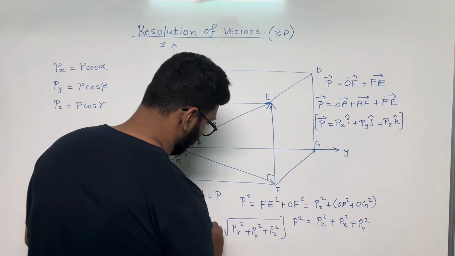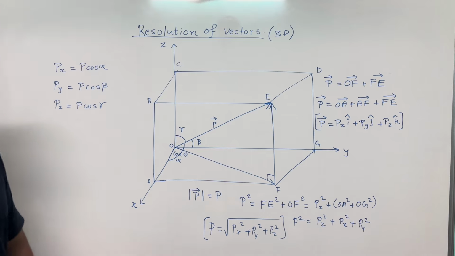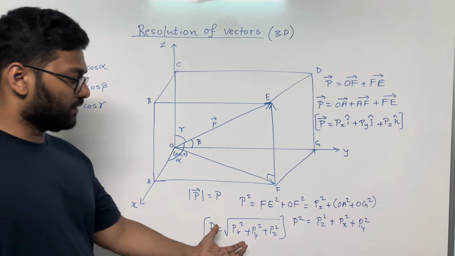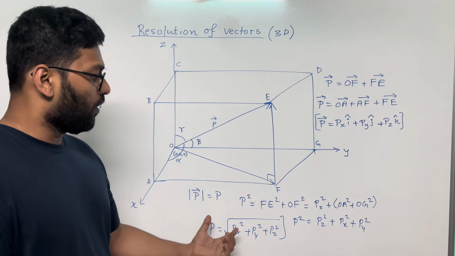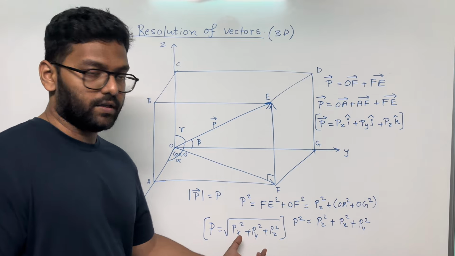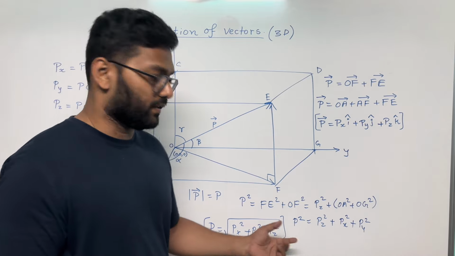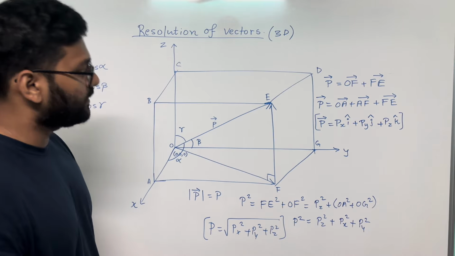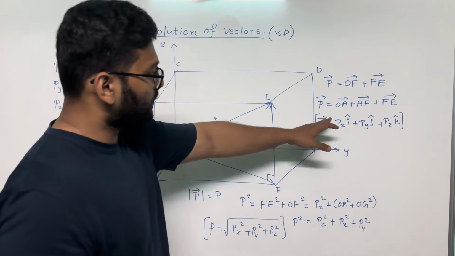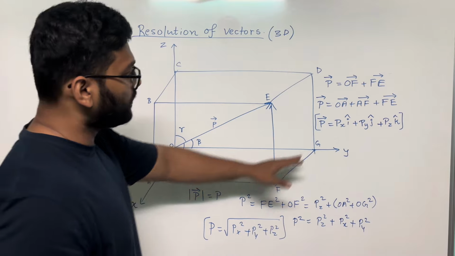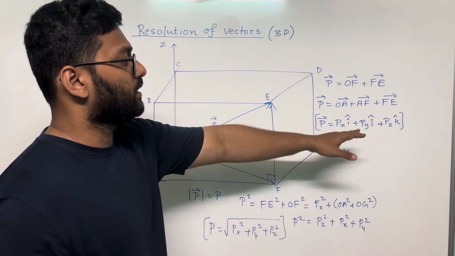So this will be the magnitude of the vector P, same as the two-dimensional case. The two-dimensional case only involves Px square plus Py square, but in the three-dimensional case, you just add one more component square, that is Pz square. So this is the magnitude of the vector, and this is the vector in terms of i cap, j cap, and k cap, fully resolved.